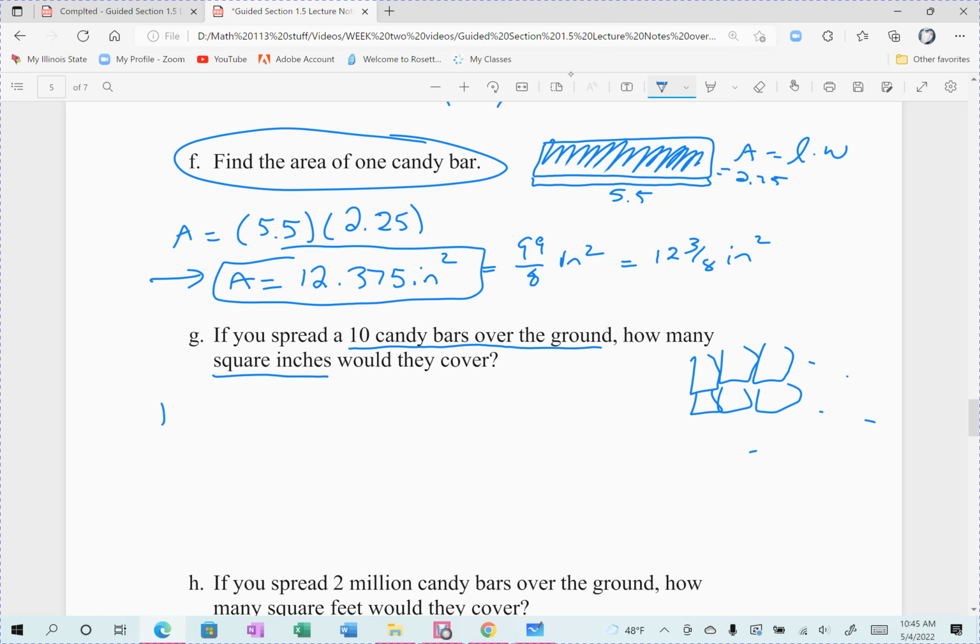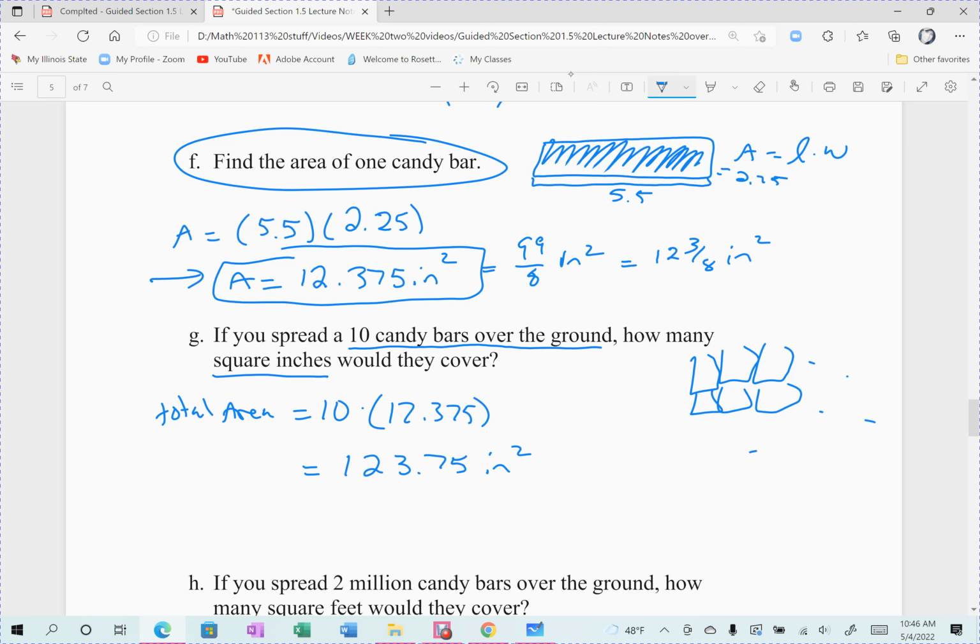So the total area would equal 10 times that 12.375, and you can use your fractions. It moves the decimal place over 1. That's 123.75 inches squared, which is the decimal version, and you can always use your calculator.